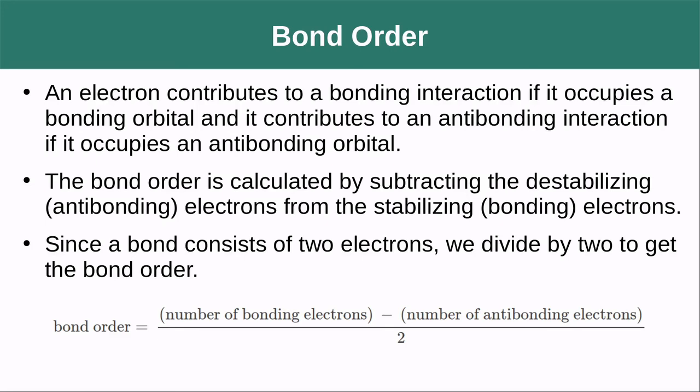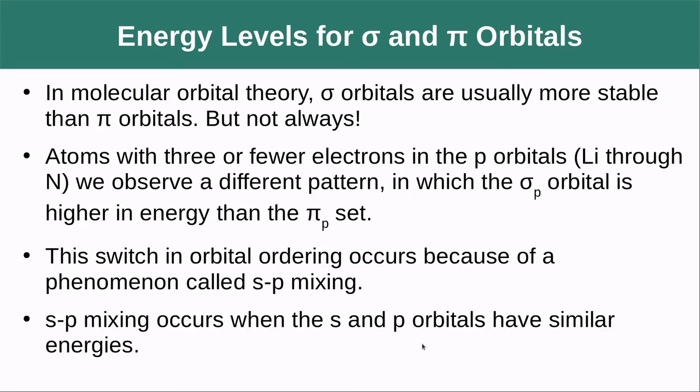Since a bond consists of 2 electrons, we divide by 2 to get the bond order. So bond order is the number of bonding electrons minus the number of antibonding electrons, divided by 2. You'll see that this does allow for fractional bond orders, such as 1.5 or 2.5.